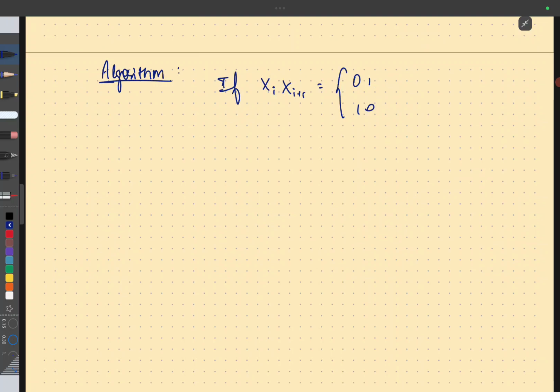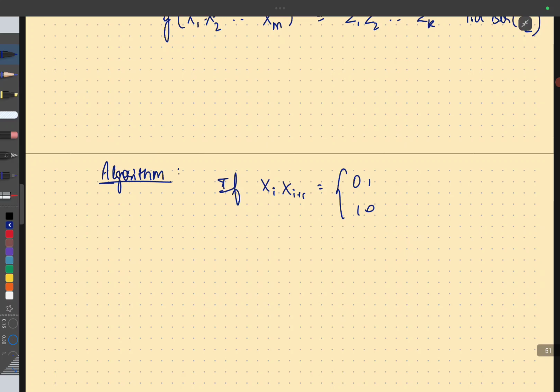You make two calls to the g function, and if you get 0 1, then you declare 0. If you get 1 0, you declare 1. If you get 0 0 or 1 1, you don't output anything. You just output the empty string.